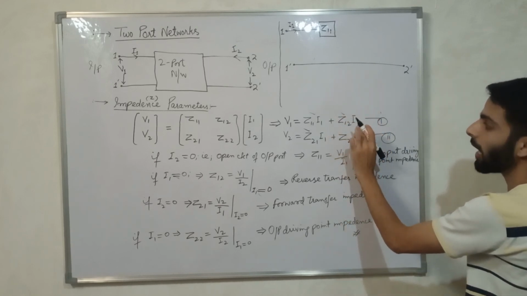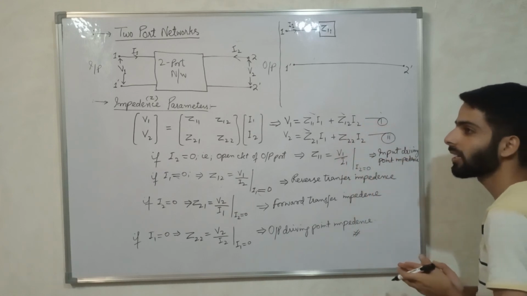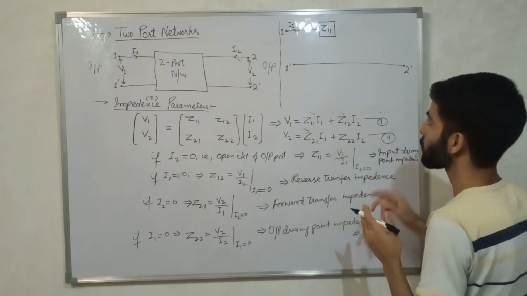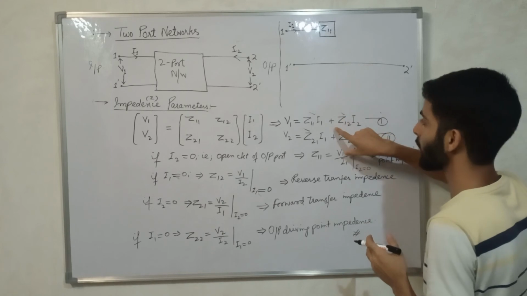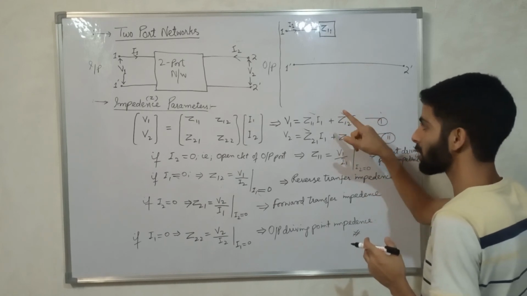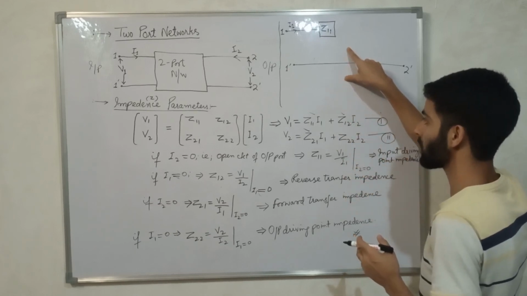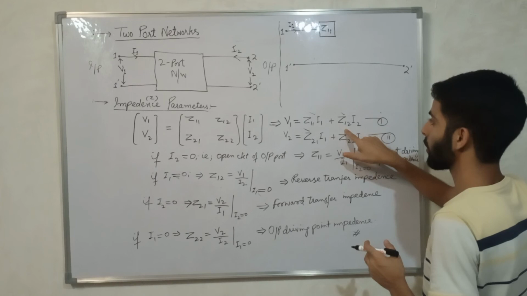So Z into I, what is Z into I? Analogous to R into I. What is R into I? That is voltage. So we have to make a voltage source here. If R into I becomes a voltage, then Z into I also becomes a voltage. So we would have to make a voltage source here with Z12 I2.